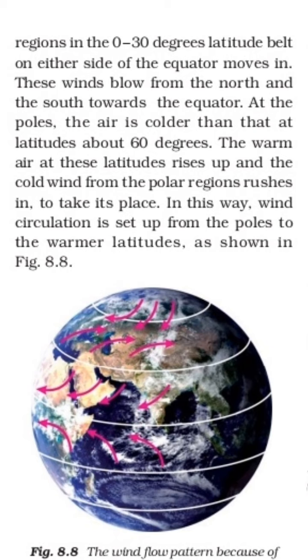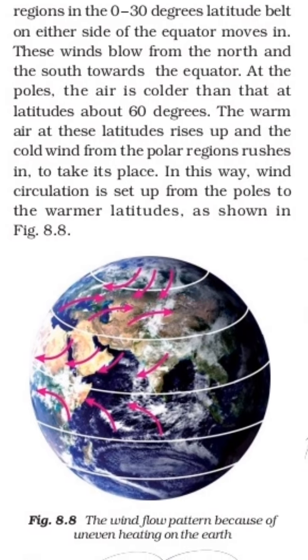At the poles, the air is colder than that at latitude about 60 degrees, which is shown in figure 8.8, the wind flow pattern because of uneven heating on earth. The warm air at these latitudes rises up, and the cold wind from the polar region rushes in to take its place.